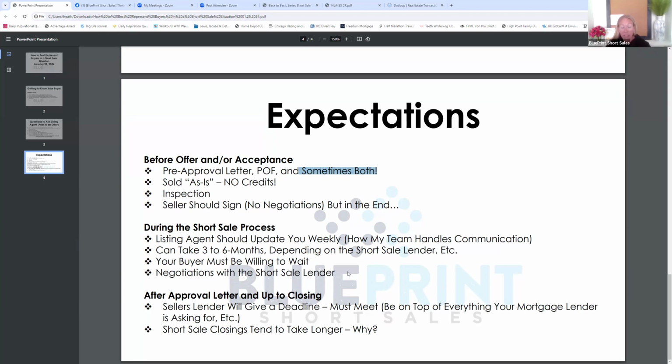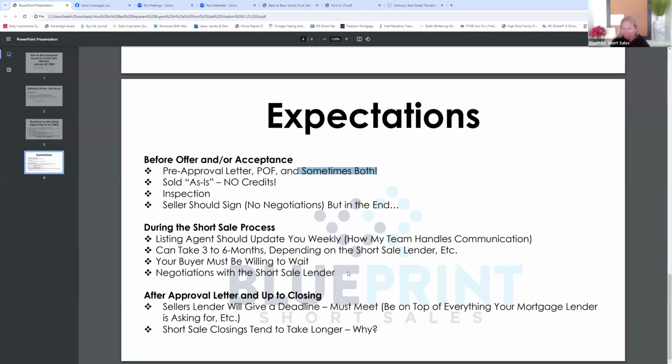Again, your buyer must be willing to wait, okay? And they also must be willing to negotiate, okay? So that means, hey, you got to wait this out. Are you willing to wait? Again, if they don't have that time, then encourage them not to make an offer on a short sale because you really don't know how long it's going to take.